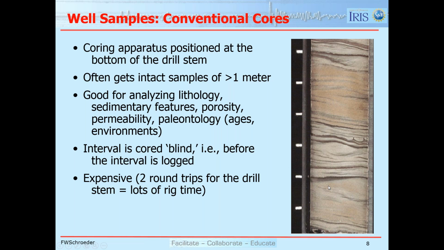As this slide says at the last bullet point, conventional cores are extremely expensive depending on how much time you tie up the drill rig and how expensive it is to have that drill rig waiting while the core is obtained.